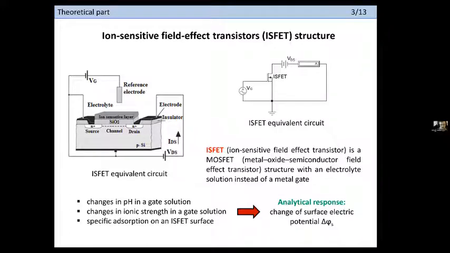Any changes in pH values, ion exchange in the solution, or specific adsorption on the surface of the ISFET lead to a change of surface electric potential. Then in turn, it changes the conductivity of the channel, and then we have an electric signal.